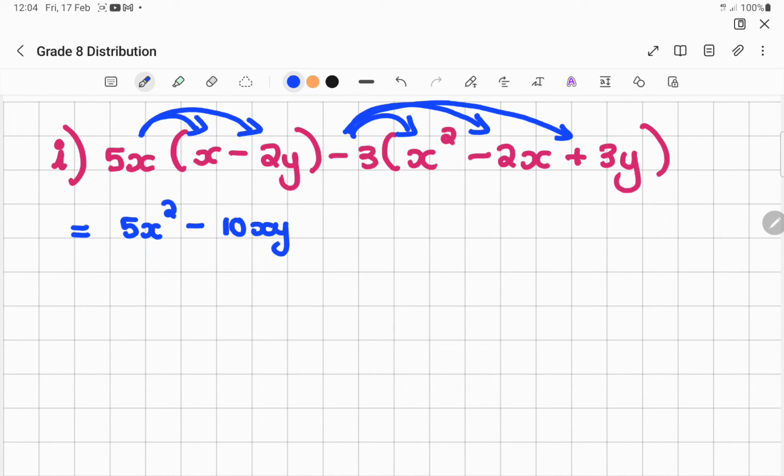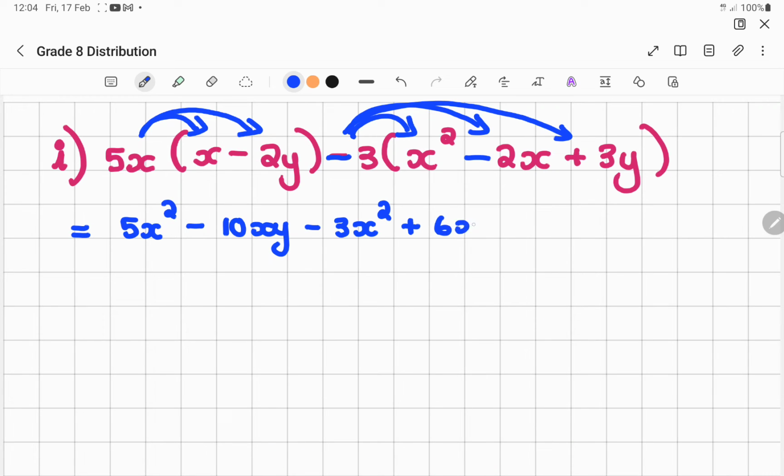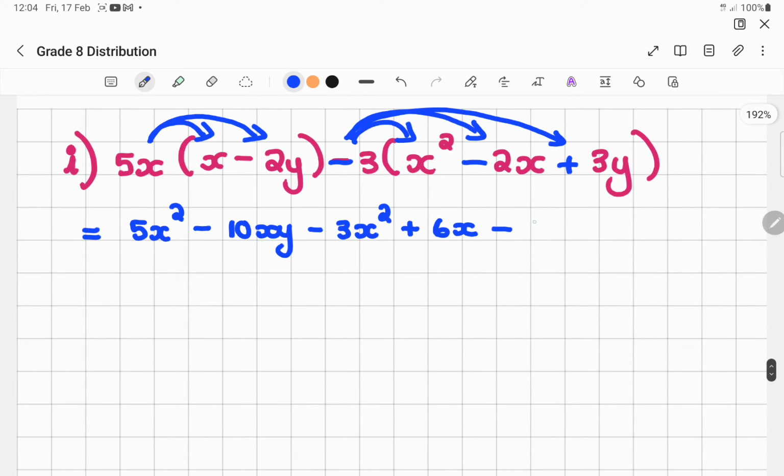X times y is xy. Minus 3x squared. Negative times a negative is a positive. 3 times 2 is 6x. Negative times a positive. Sorry, there was a positive over there. Negative times a positive is a negative. 3 times 3 is 9y.